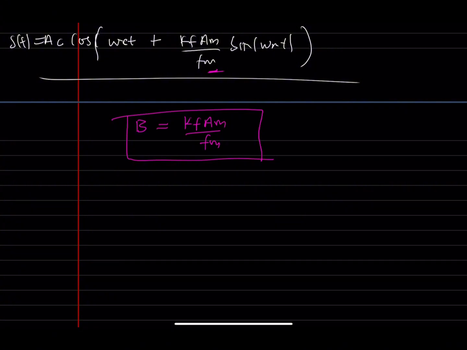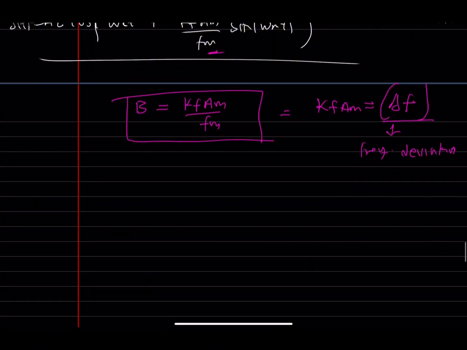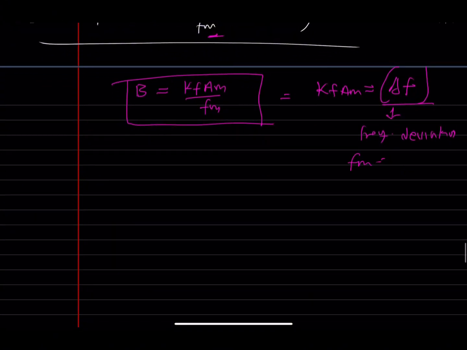We can further simplify this in such a way that this k_f A_m is equal to the change in frequency, or the frequency deviation. Take note, this is the frequency deviation, and then f_m is equal to f_m. So if we rewrite this, we get β equal to this frequency deviation over f_m.